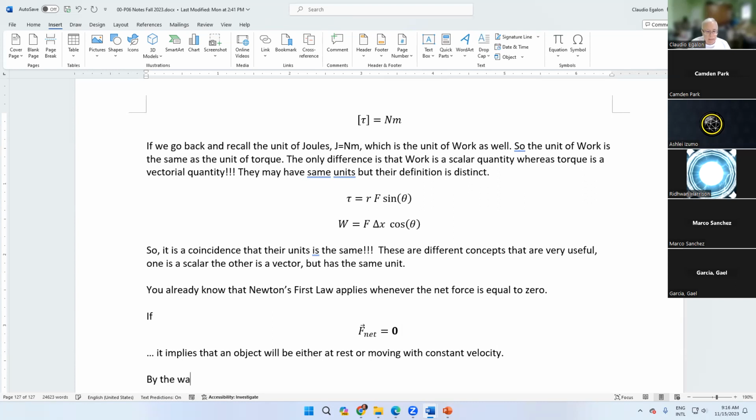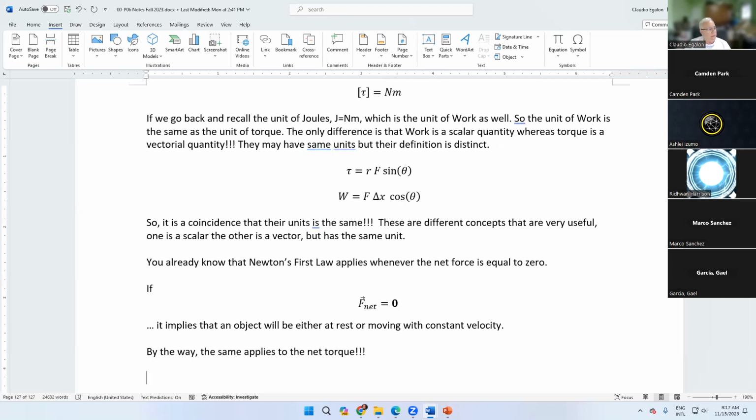By the way, the same applies to the net torque. That would be Newton's first law for its angular counterpart, whenever net torque is equal to 0.